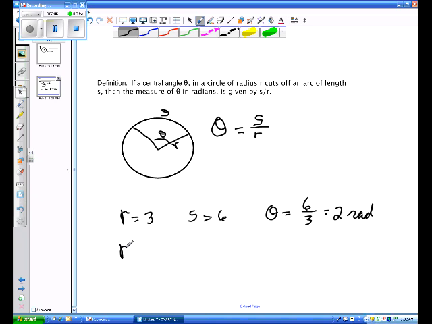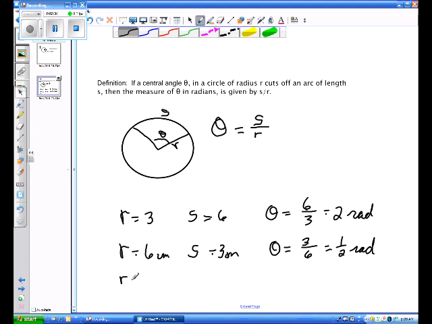If we had a radius of 6 and our arc length was 3 centimeters, we'll go ahead and give these units, then our central angle would be 3 divided by 6, or 1/2 radians.